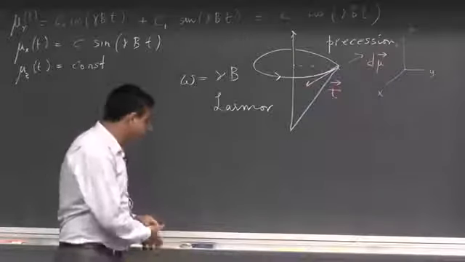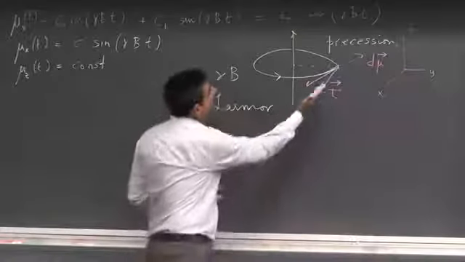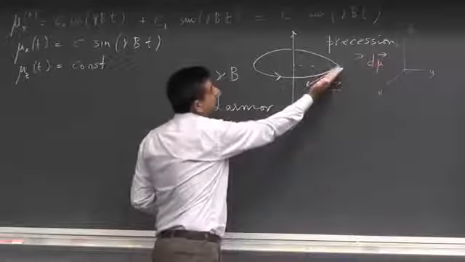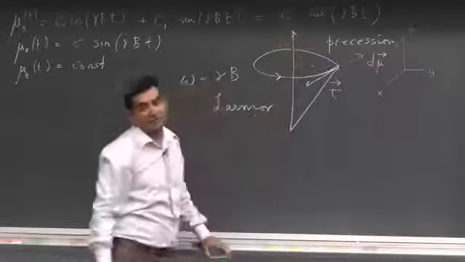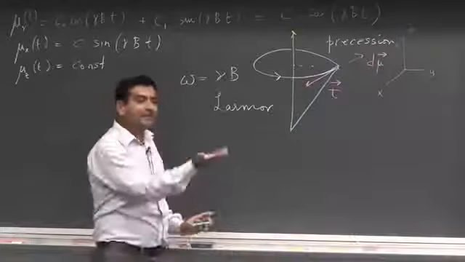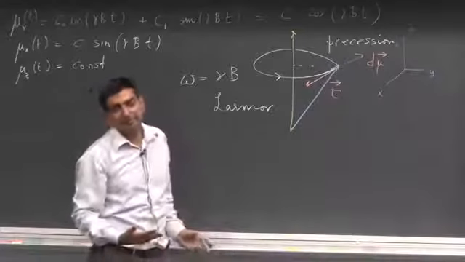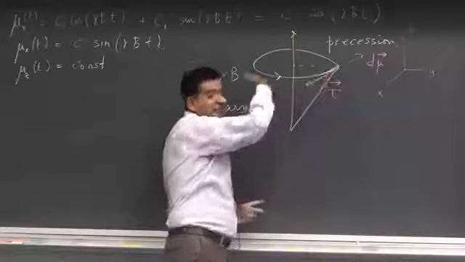Now what really happens is that the system, in a real system, actually comes back in such a manner that it comes back parallel to the z-axis, because that lowers the energy of the system. So what's going to happen is that a damping torque acts. Okay, so this is a coherent torque. This gives you coherent oscillations.